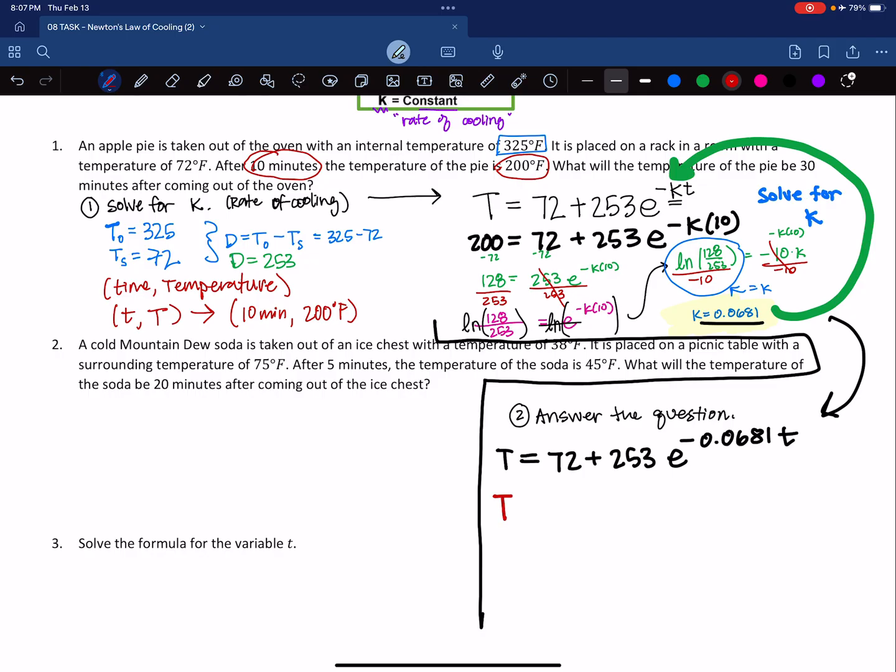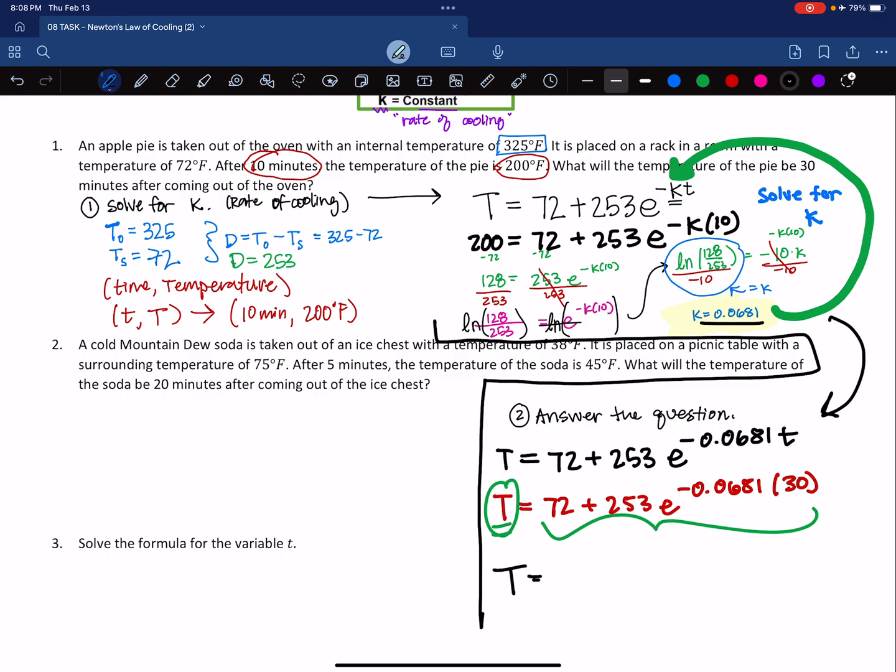So what's the temperature? 72 plus 253e to the negative 0.0681 multiplied by 30. To solve for this one, our variable is already by itself, which is great. So we just need to put all this into the calculator.